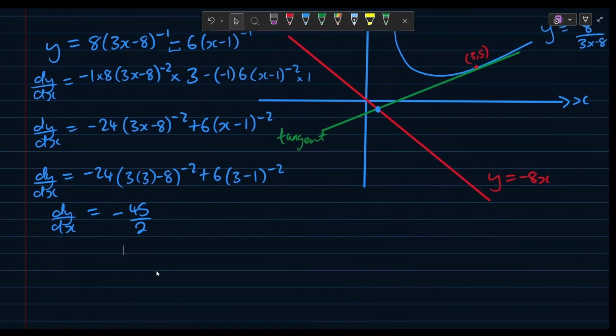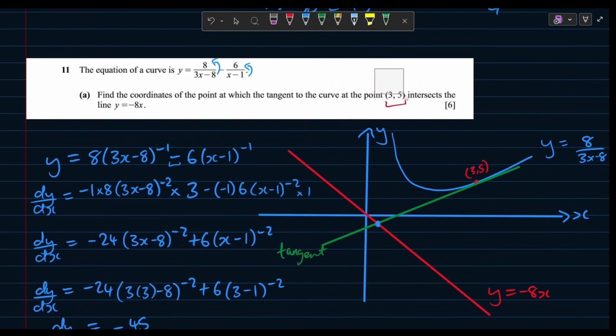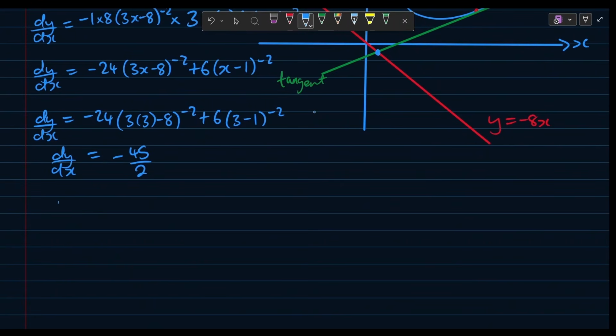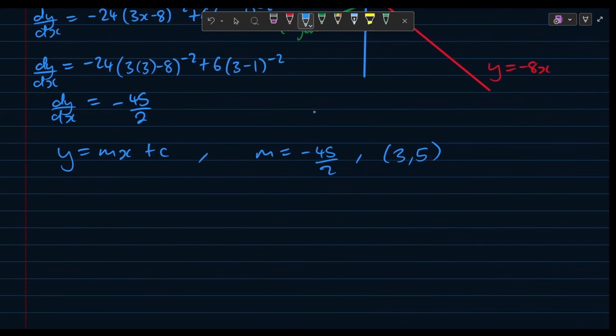And so now that we have the gradient of our tangent, we also know that this tangent passes through the point (3, 5). So we can use those two pieces of information to get our equation. So we know y is equal to mx plus c. Our gradient m is negative 45 over 2. And then we know our point is the point (3, 5) as they gave us there. And so here our y is 5, x is 3, m is that.